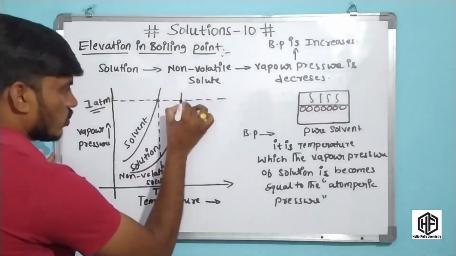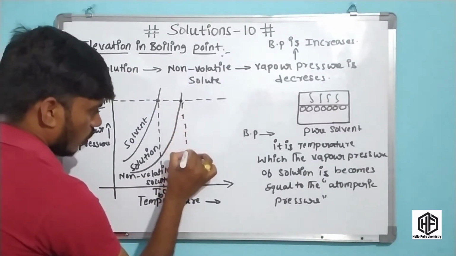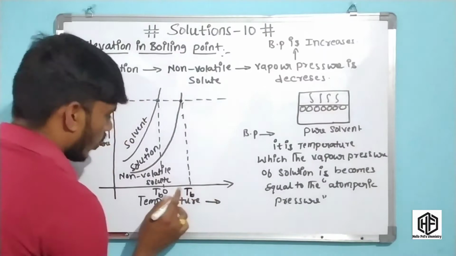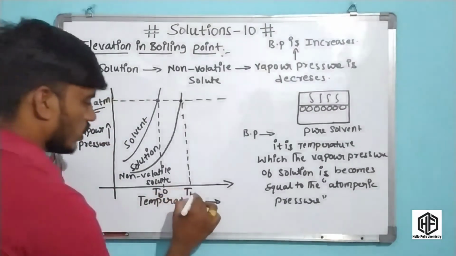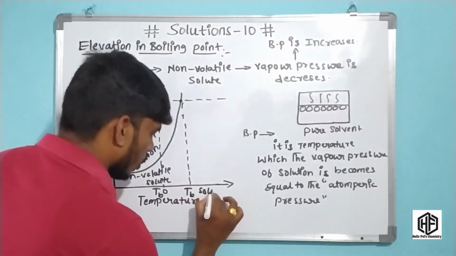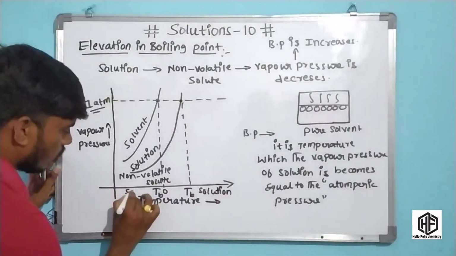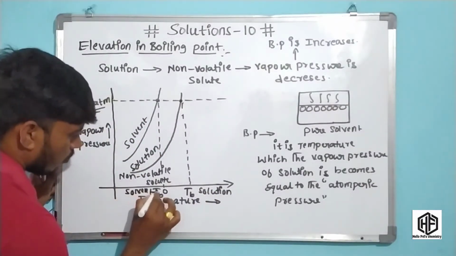This point is called the boiling point of the solution. TB is the solution boiling point and TB naught is the solvent boiling point.